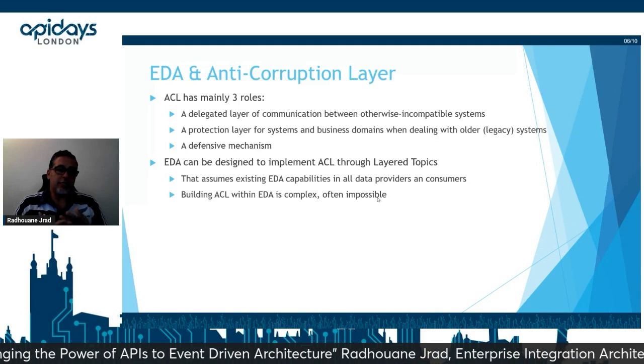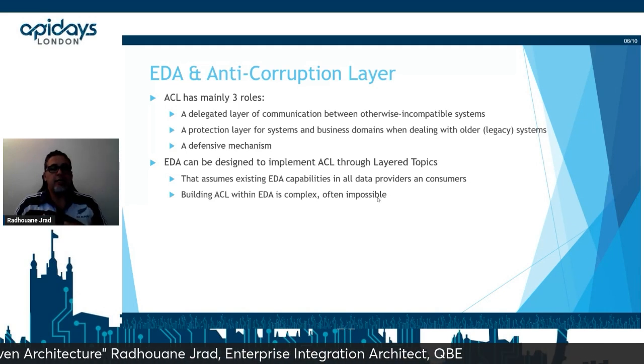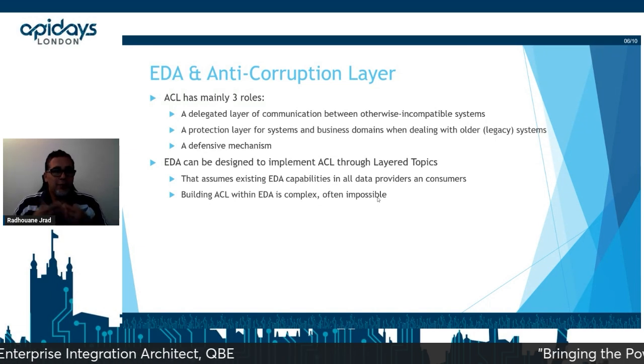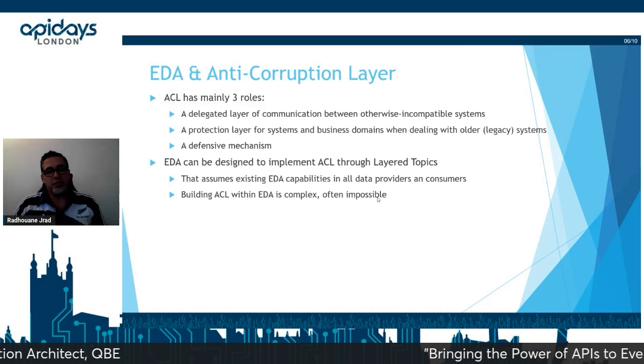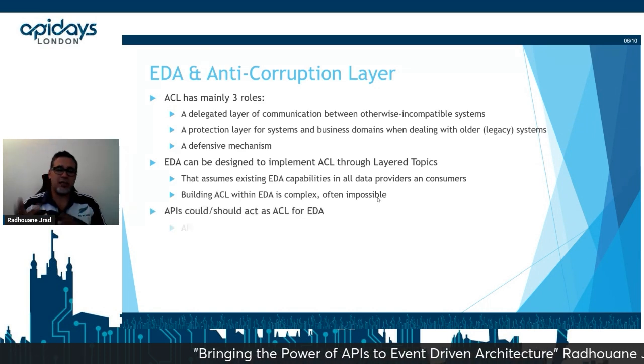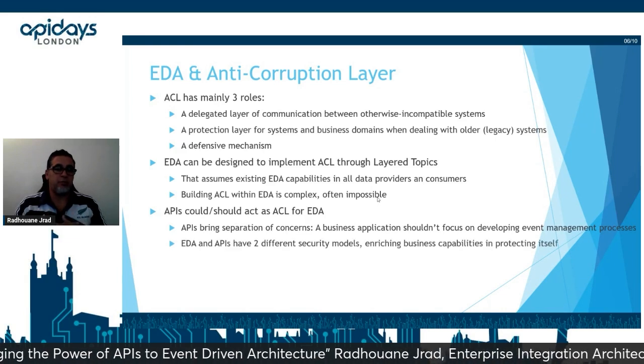EDA is not inherently ACL compatible or capable. You can develop it, but it is very complex, and you have to have multiple buckets and a lot of complex things around, and managing them is a problem.